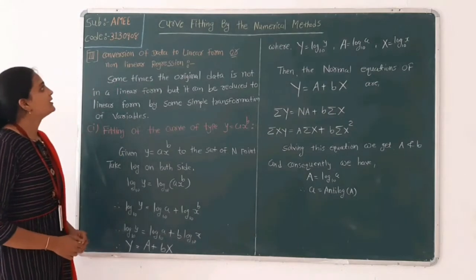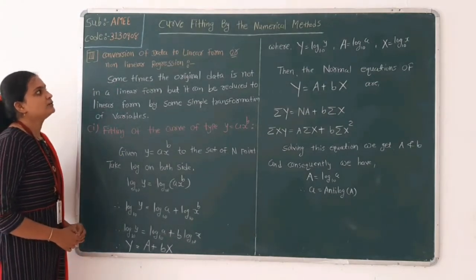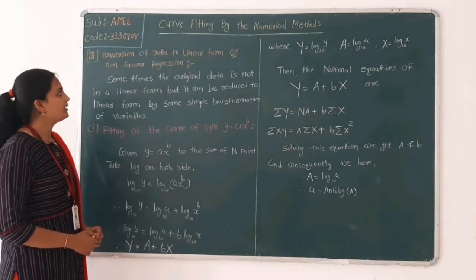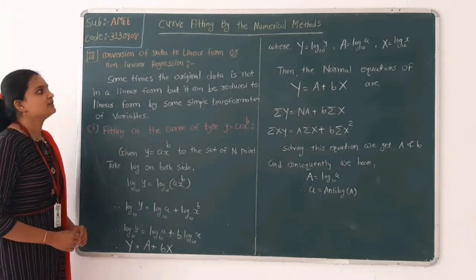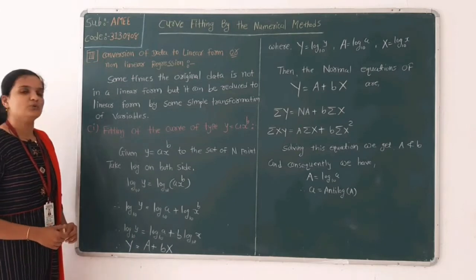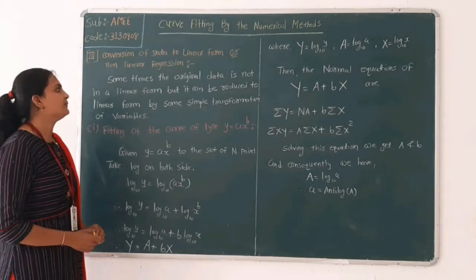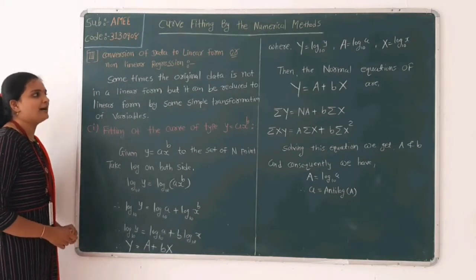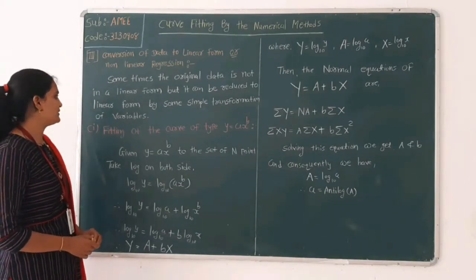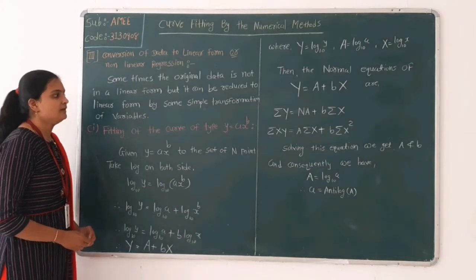Today we learn conversion of data to linear form for non-linear regression. Sometimes the original data is not in a linear form, but it can be reduced to a linear form by some simple transformation of variables.